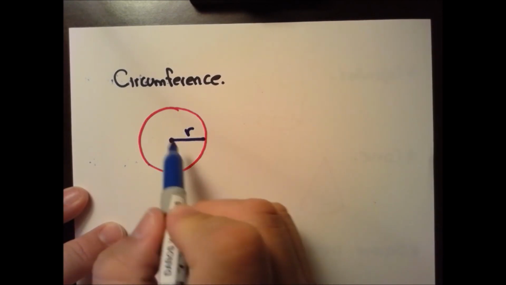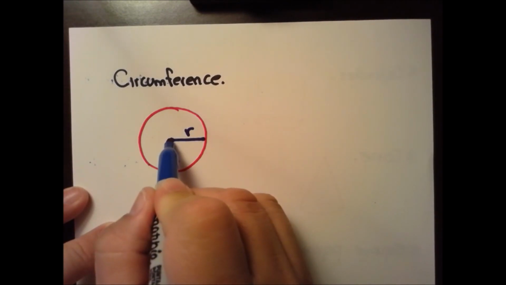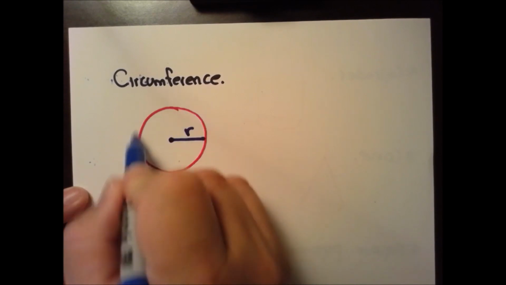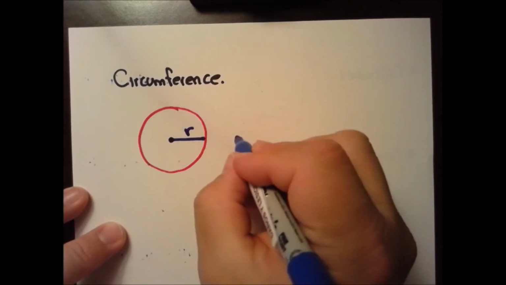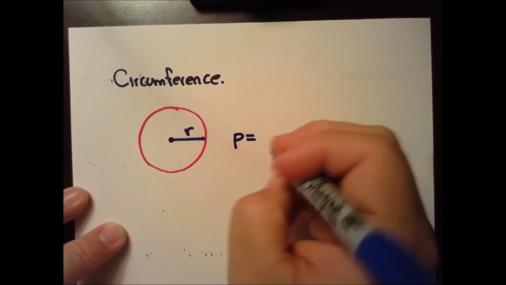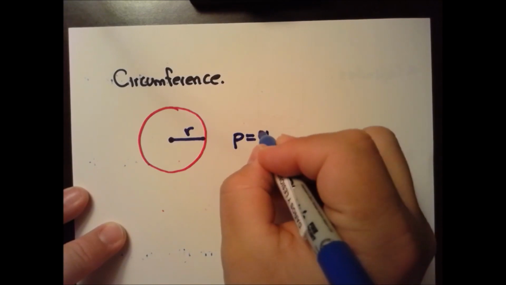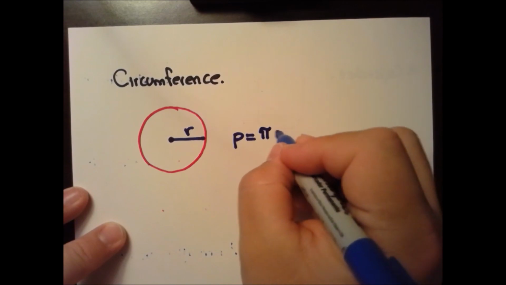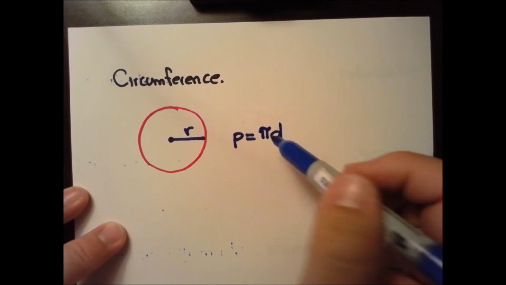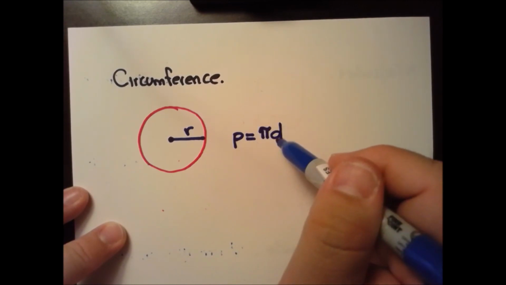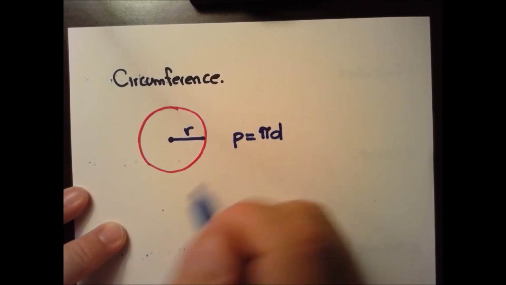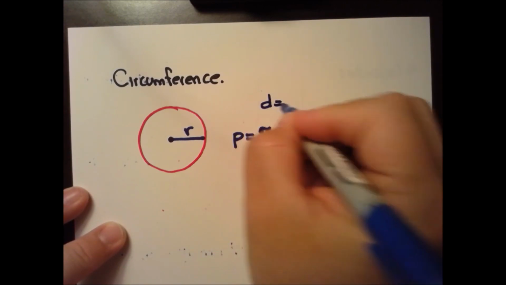Remember that the radius is the distance from the middle point to any point of the circumference. And the perimeter is calculated by the multiplication of pi times the diameter. And hey, we don't have a radius here. Well, the diameter is 2 times the radius.